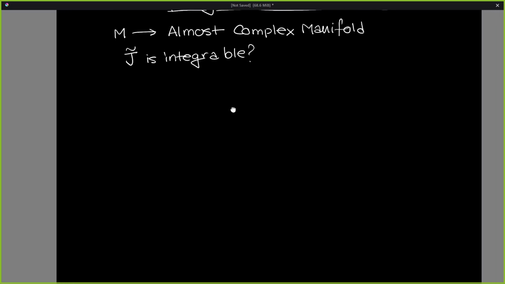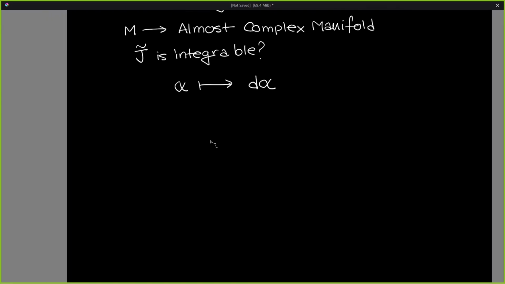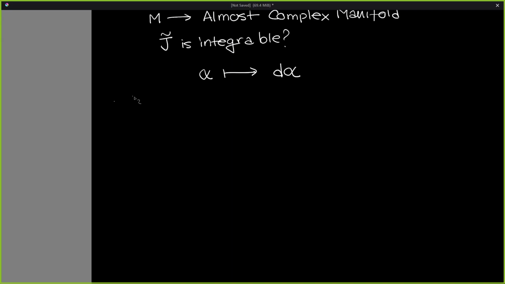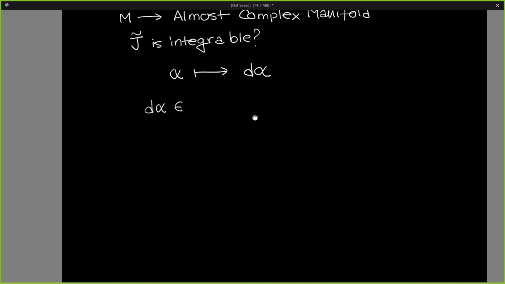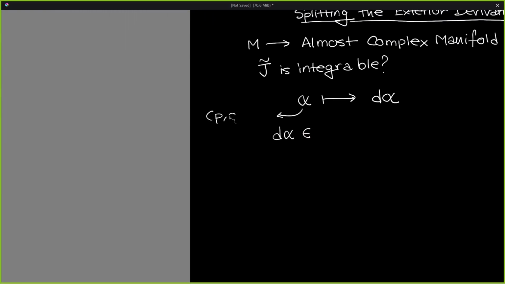So let's see what happens when we take, let's say this is a K form, and we send it by the exterior derivative to its derivative d alpha. So we're sending alpha to d alpha. What happens? The proposition is that d alpha is an element, so not just a K form, but a PQ form.